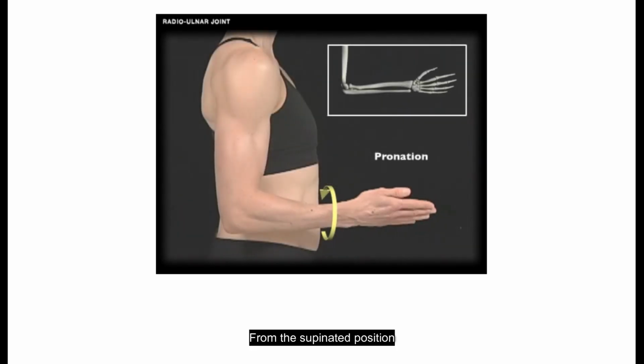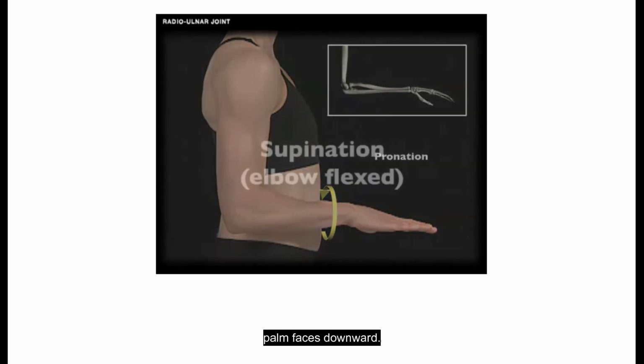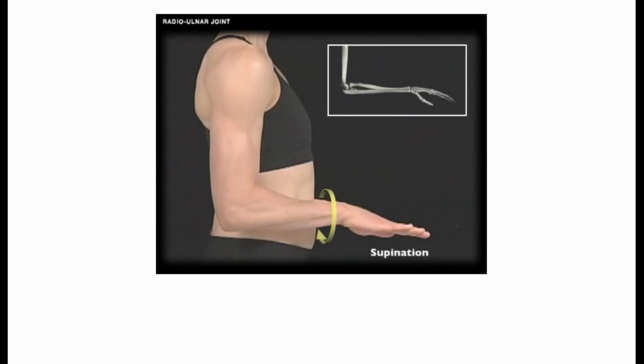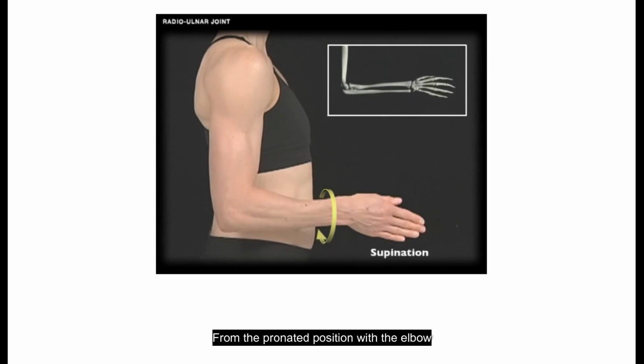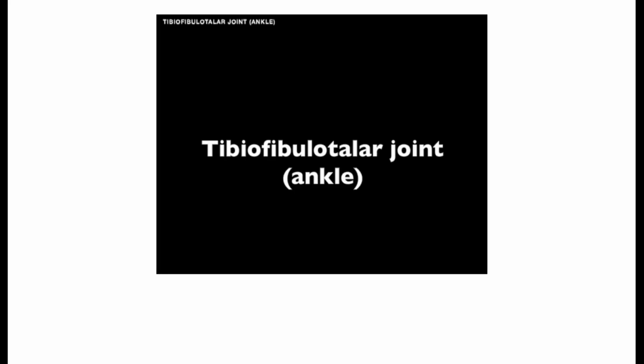From the supinated position, with the elbow flexed, pronation rotates the forearm so that the palm faces downward. From the pronated position with the elbow flexed, supination rotates the forearm so that the palm faces upward.